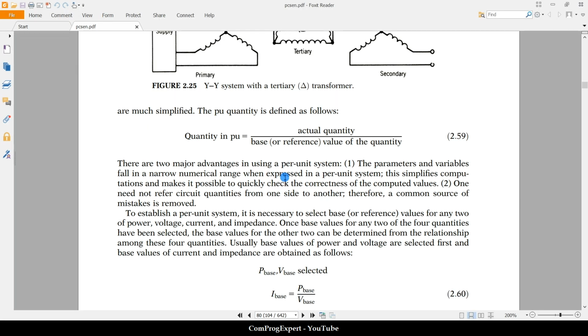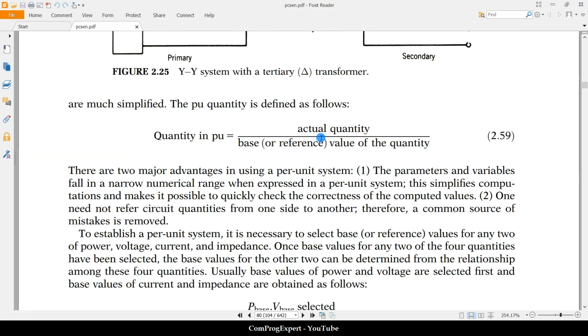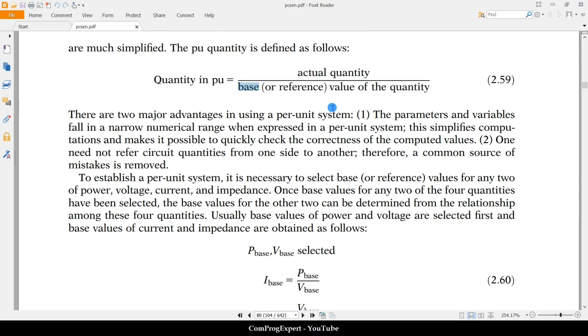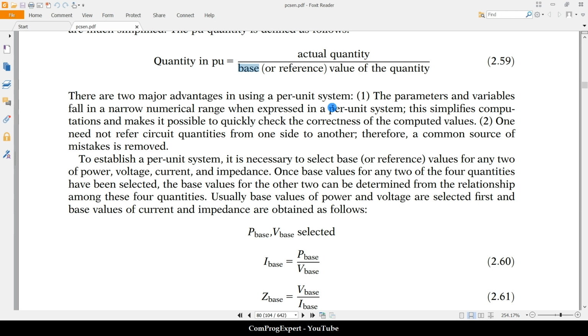here is the definition of a per unit quantity. The per unit quantity is defined as follows. The quantity in per unit is the actual quantity divided by the base or reference value of the quantity. So for each quantity, the voltage, current, or power, we consider a base value, and then we divide the actual quantity by the base value to have it in per unit.